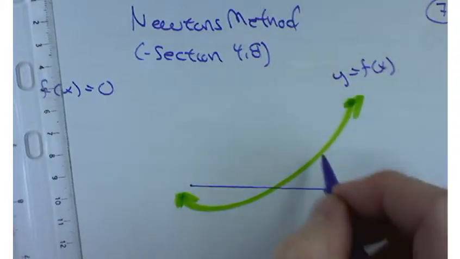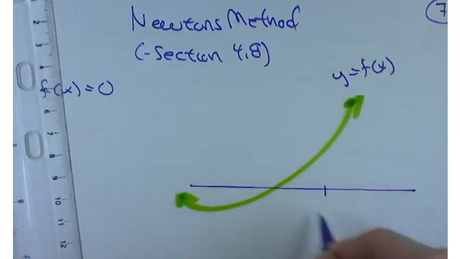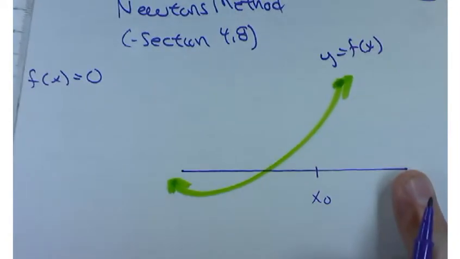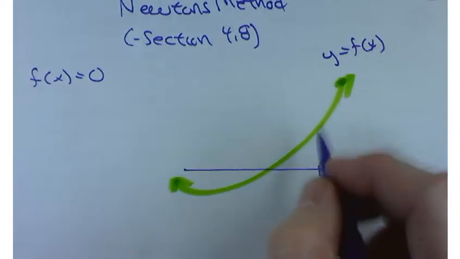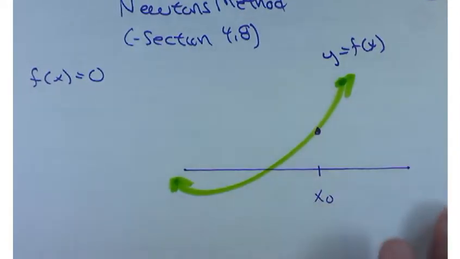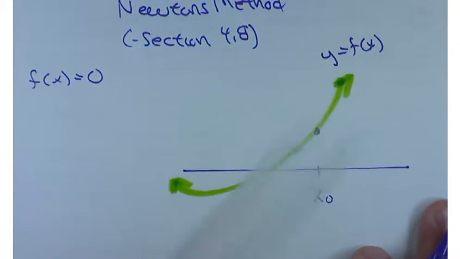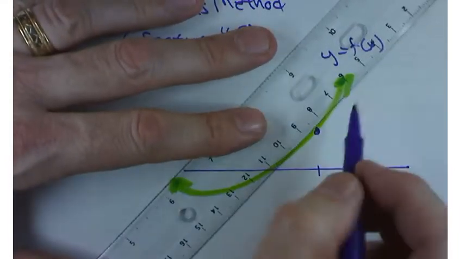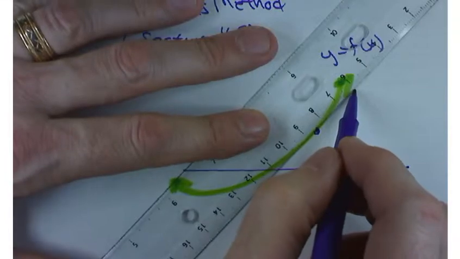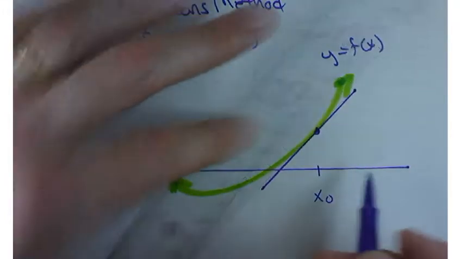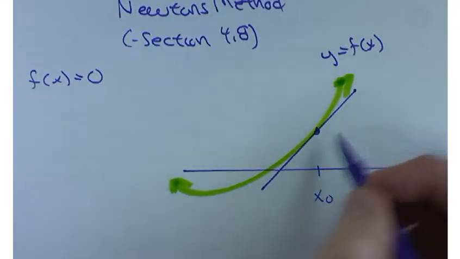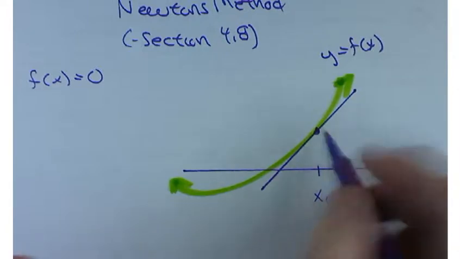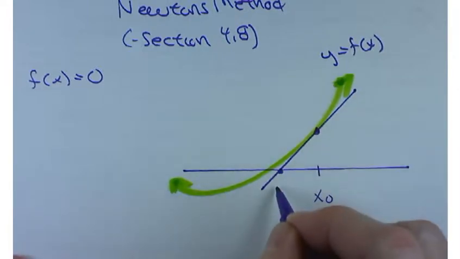And what Newton realized is if you had a guess as to where a function was equal to 0, then you can improve upon that guess by using the tangent line. You could find the equation of the tangent line and use that equation to get a better guess.